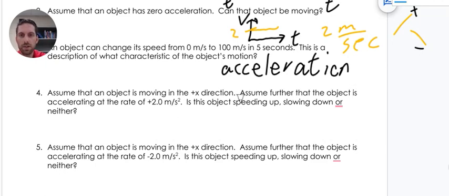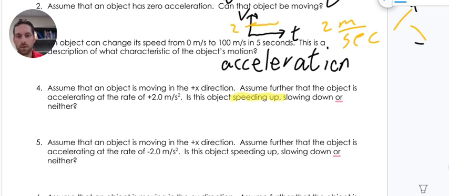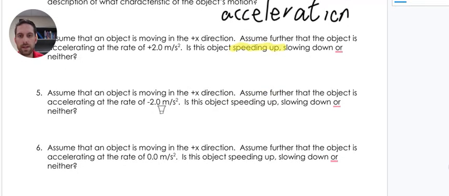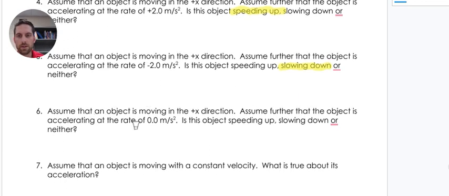If the object is accelerating at this rate of 2, the object is going to be speeding up. Okay? For this one, if it's negative 2, it's going to be slowing down. If it is 0, it's not speeding up or slowing down at all.